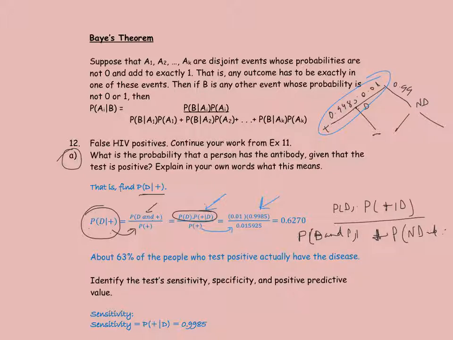If you remember, that's how we got the denominator, which is the probability of positive. And for each of these we can use the tree diagram to come up with the probabilities and then use the calculator. So this is really what Bayes' theorem is.